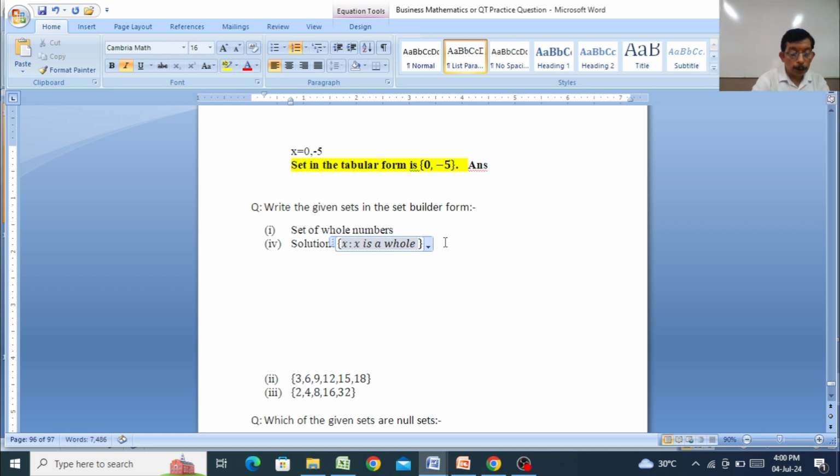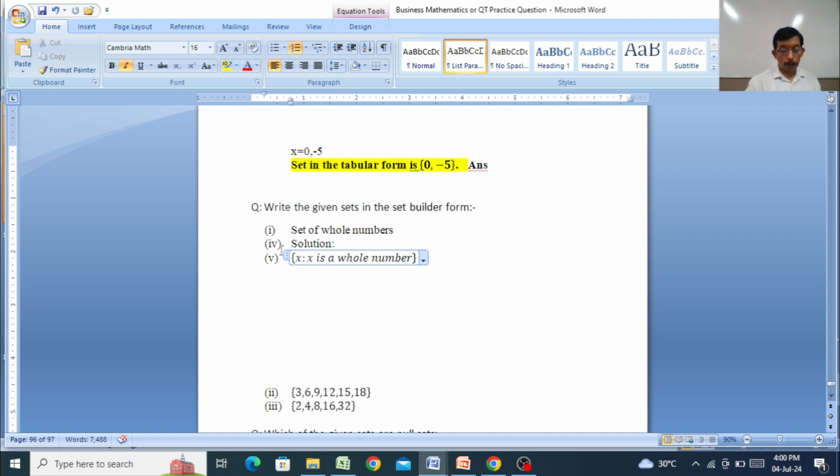It is clear? The solution is x such that x is a whole number, written in property form.